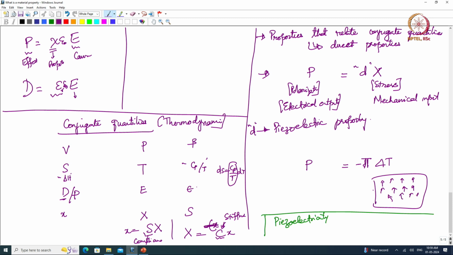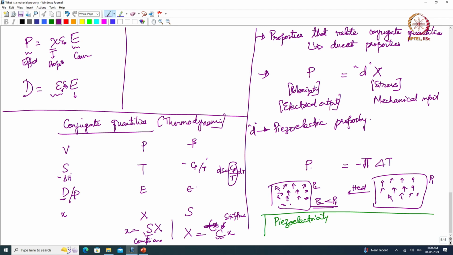So when I heat it up, the increase in temperature generates some sort of thermal disorder or thermal entropy, and these polarizations start to disorder. So the net P, right. These dipole moments start to disorder. So the P here is P1, and if I have P2 here, P2 is less than P1, right. So I can change the polarization of the material, delta P, by applying a temperature, right.